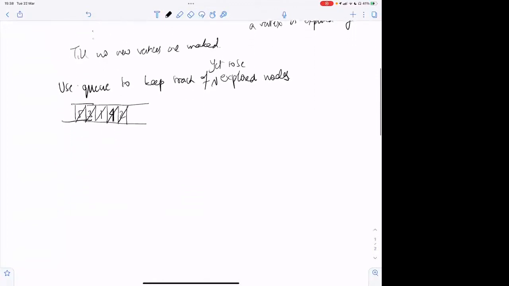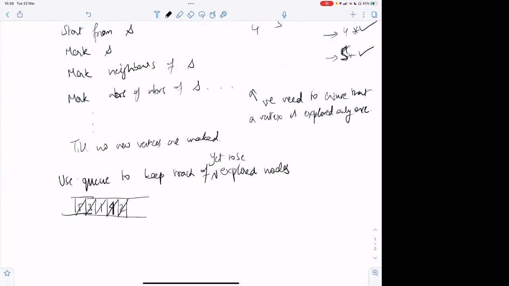Sir, just to confirm, we are okay with checking whether a node is marked or not multiple times, right? Yes. Mark is just a bit that you associate with the node, and you can set it to 1, and currently you are just using it to check whether it's already been marked before or not. Sir, could you repeat that? My internet cut out. So when you put a node in the queue, it's an unexplored node, you put it in the queue and mark it.